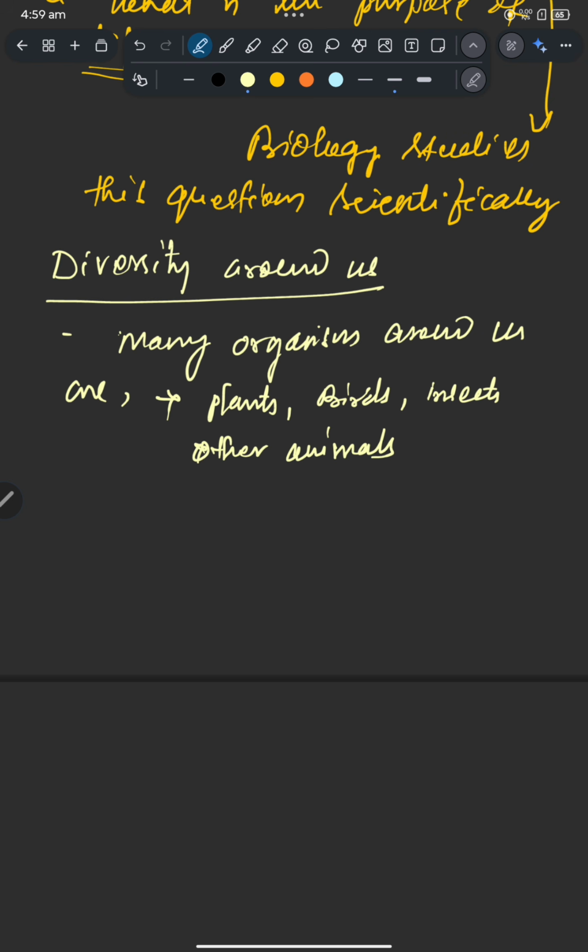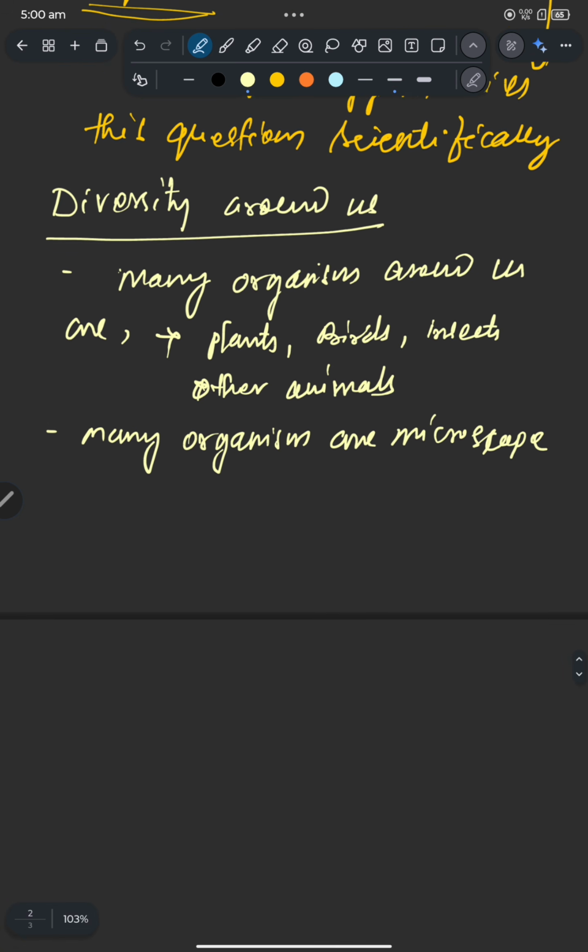So different types of animals we see, and many organisms are microscopic, and with the development of science we are able to see these organisms also.